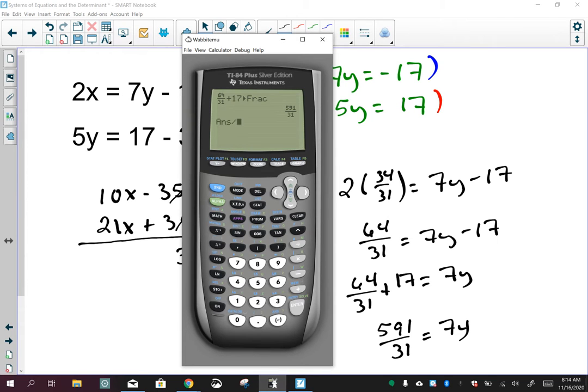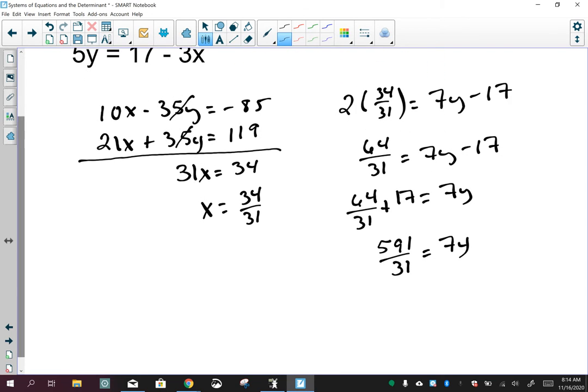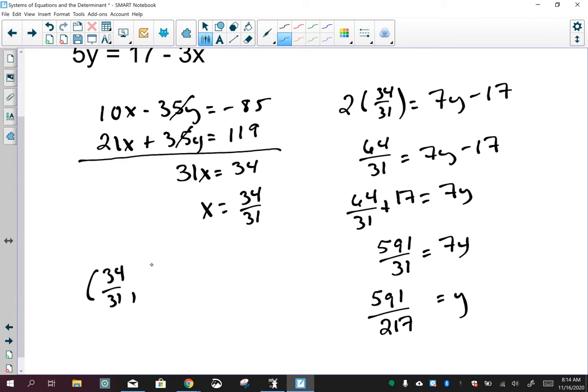And I'm going to take that answer and divide it by 7. So I get 591 over 217. So my answer would be 34 over 31, comma, 591 over 217.